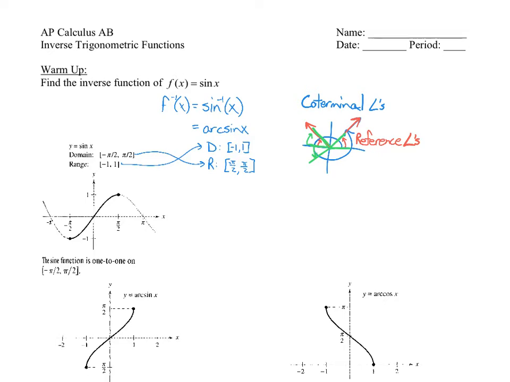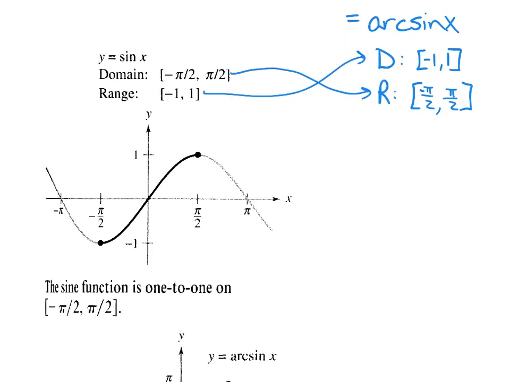Alright, now, because this is an inverse, we actually could sketch this. Okay? So 0, 0 is going to stay 0, 0. But here we have the point pi over 2, 1. That's going to become the point 1, pi over 2.